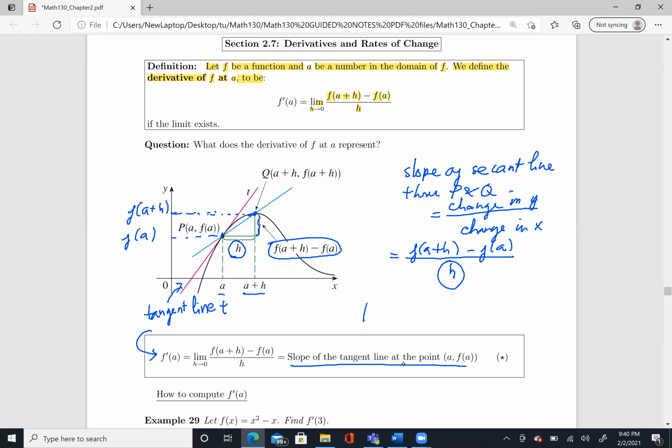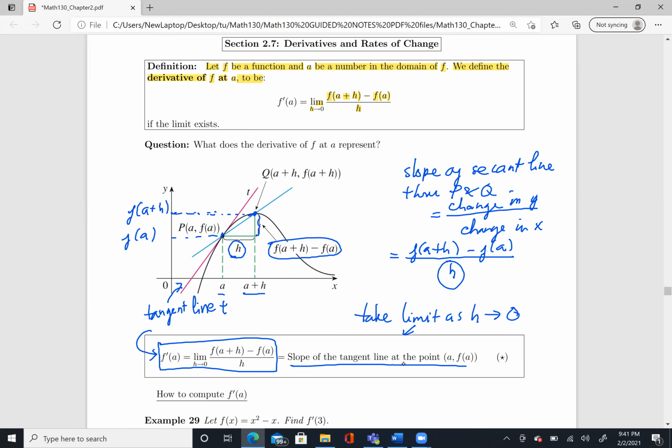So we take the limit as h goes to 0. Then this formula is also the slope of the tangent line at the point A, f of A, and it is also the derivative of f at A.